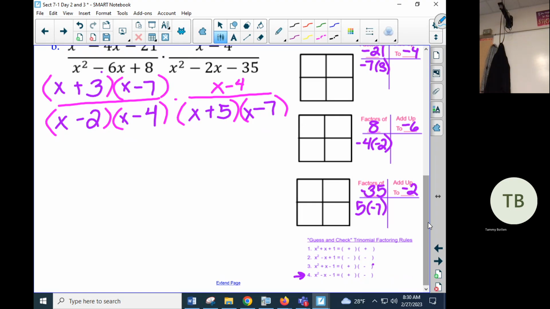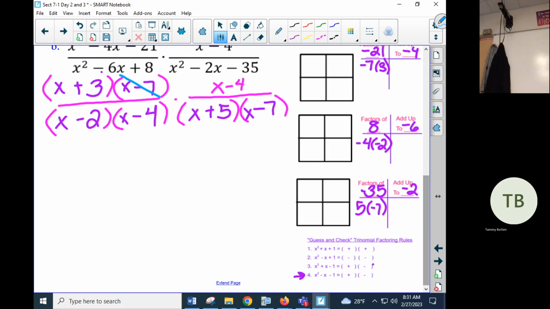And another thing I just want to remind you guys of, you can only cross 2 things out if one's on top and one's on bottom. If you have 2 of the same on the top, you can't cross them out. You have 2 of the same on the bottom, you can't. One has to be on top, one has to be on bottom. So we have an x plus 3, but notice on the bottom, we don't have an x plus 3.